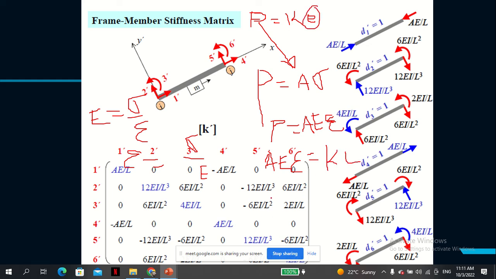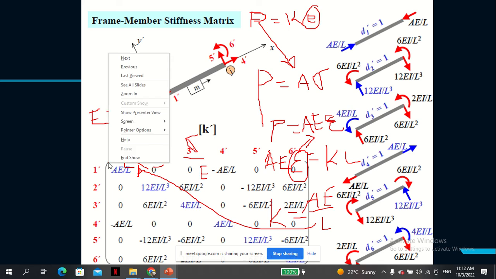So in fact K is equal to AE over L. I need you to see how that formula shows up in the stiffness matrix. I'm just trying to explain. Now the stiffness is when this value is 1. I said a unit displacement is 1. So AE over L, you can see why. So that is the stiffness matrix.